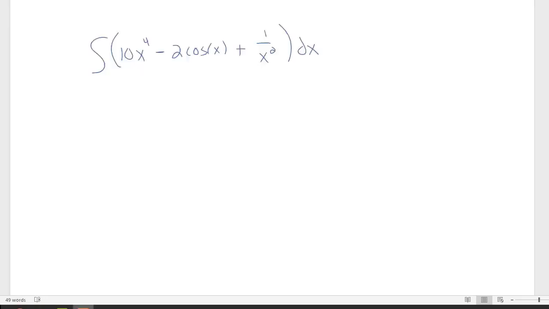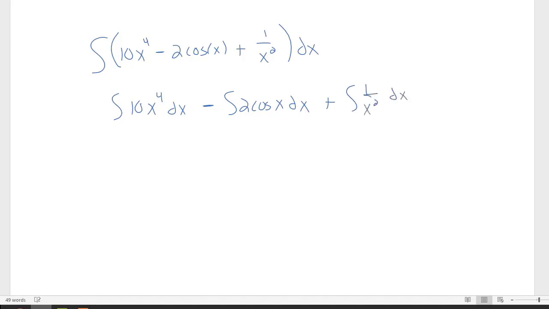All right, let's take a look at another example here. So in this example, I want to integrate 10x to the 4th minus 2 cosine x plus 1 over x squared. So technically, when we first start these, what we have done in the past is we will integrate each individual piece, if you will, within that integrand, each individual term.